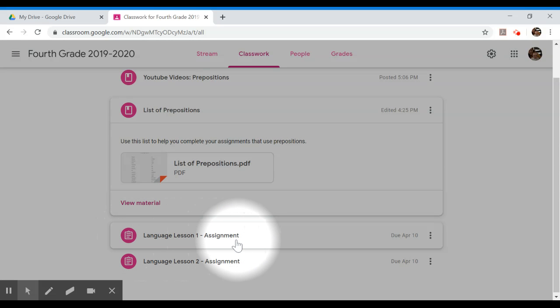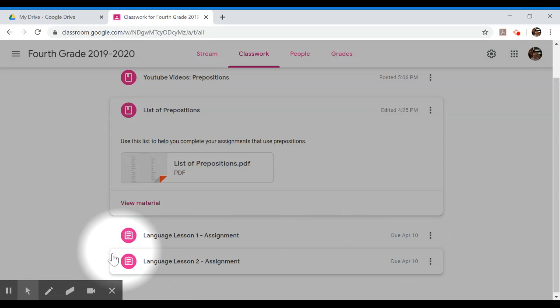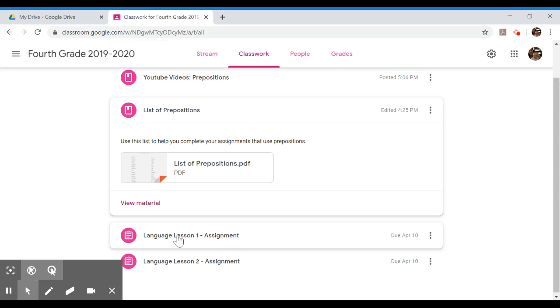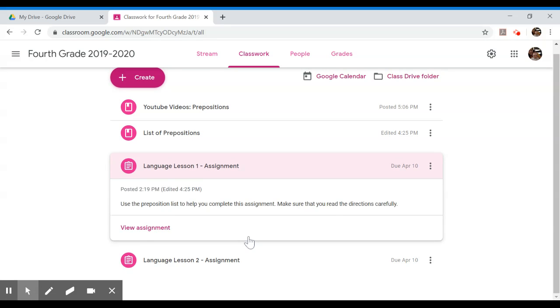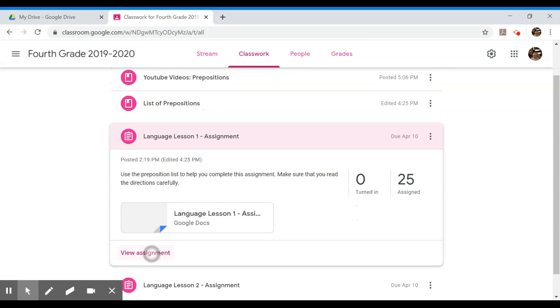And I want you to remember that this symbol right here with the lines on a clipboard means that's an assignment. That's what Mrs. McClellan, Mrs. Taylor, and Mrs. Shobe are going to look for on Fridays, right? Due April 10th. So you're going to click on that assignment and open it. You're going to click View Assignment.